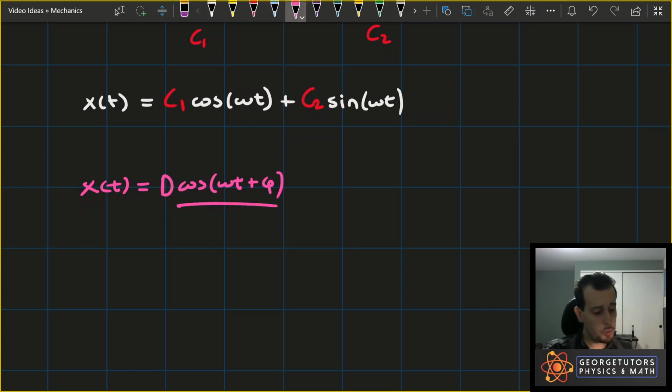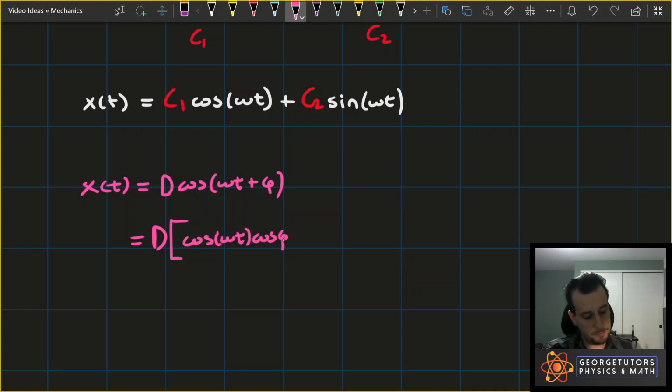You can open the cosine here using the compound angle formula for cosine. So if we open this up, we get cosine omega t times cosine of phi. And then we use the opposite sign here of what is in the argument, so minus sine of omega t times sine of phi.